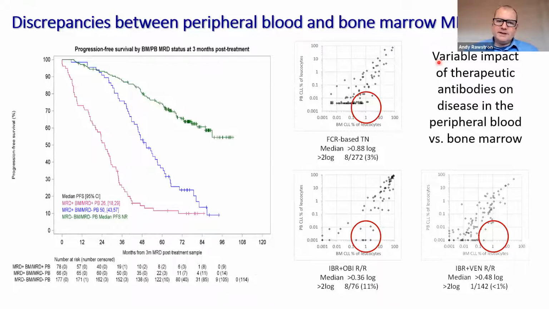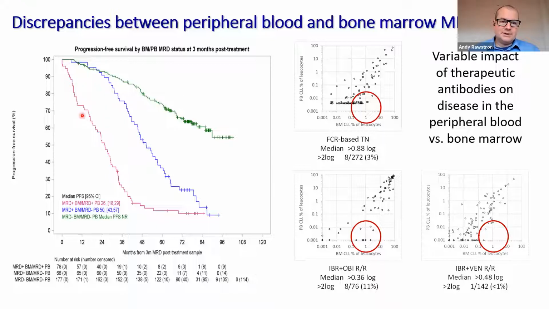Situation that you may be able to look in the peripheral blood and not just the bone marrow. So the peripheral blood is highly predictive of outcome for MRD assessment. But if you really want to capture the true extent of residual disease, then you probably have to look in the bone marrow as well.